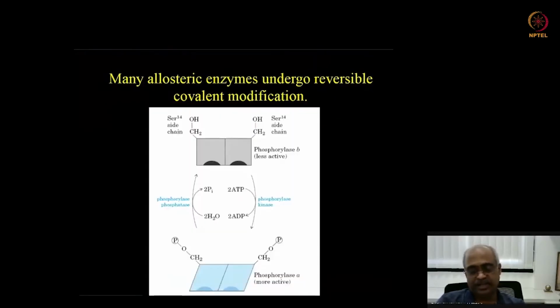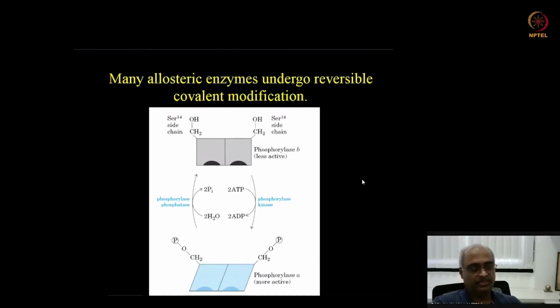So that is all the kinetics we are going to learn, because we are not going to become enzymologists here. We are just getting a flavor for biochemistry, so this is just to have the basic idea. And many of these allosteric enzymes, in addition to the binding of the molecules, the molecule that binds need not always be substrate. Only in the case of hemoglobin, it is the substrate itself.